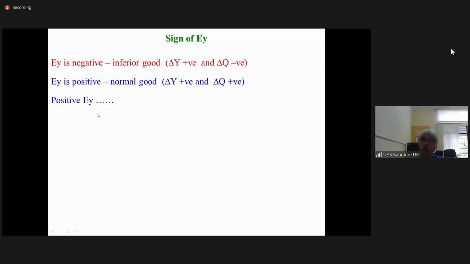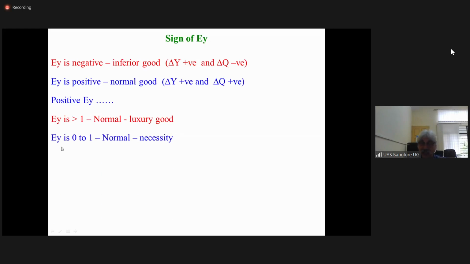Positive EY, if it is greater than 1, though it is a normal good, of course, it is a luxury good. That means when our income increases, we purchase a greater proportion of the commodity.